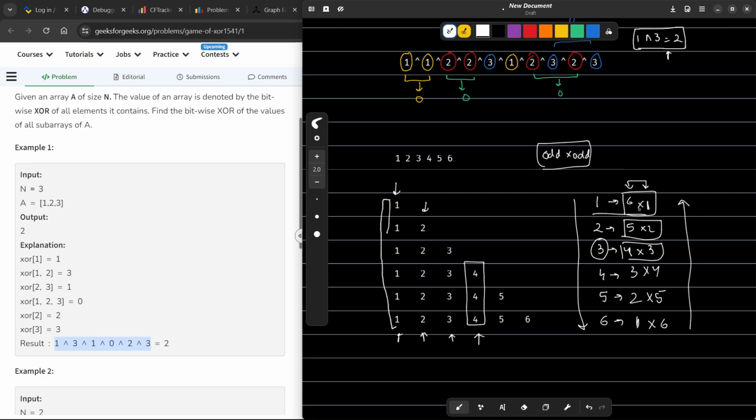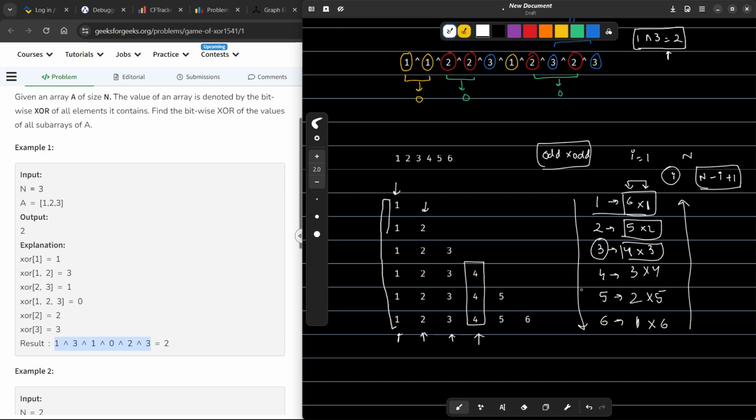So what I can basically do is, for each element at its position I, starting from 1 and going till n, check whether I is odd and whether n minus I plus 1 is odd as well. If both of the values are odd, that means I can take the value in my final XOR. So this was the whole idea of the problem.